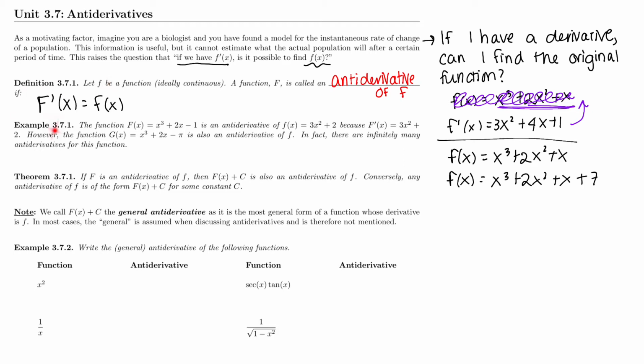So the relationship that baby f and big F have: big F is the antiderivative of little f if when you take its derivative, it gives you little f.